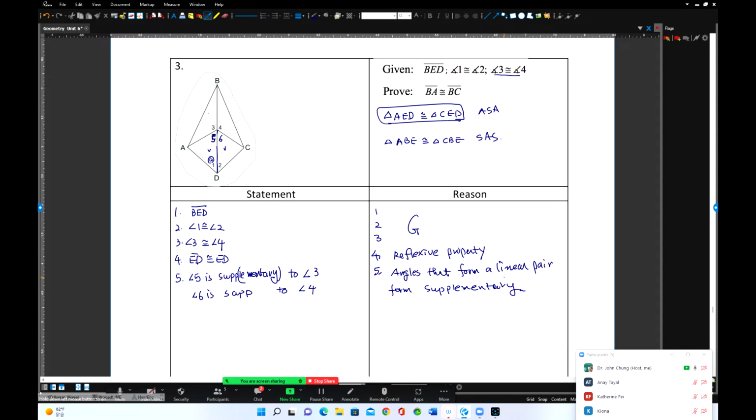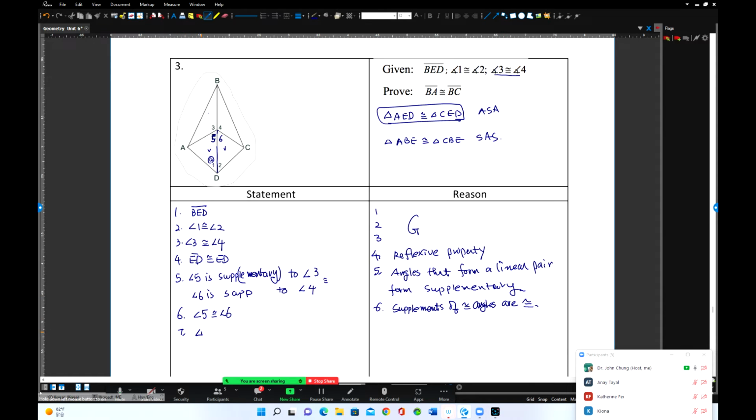Now the next one is angle 3 and angle 4 congruent. These two angles we know are congruent, so their supplements are also congruent. So angle 5 congruent to angle 6. Supplements of congruent angles are congruent. Now we got everything, right?